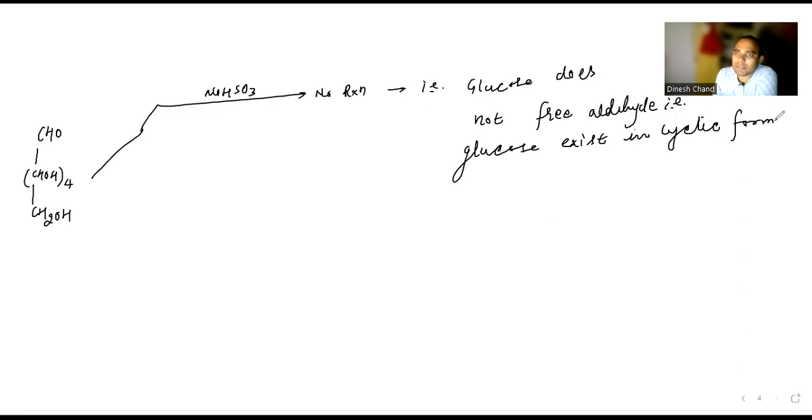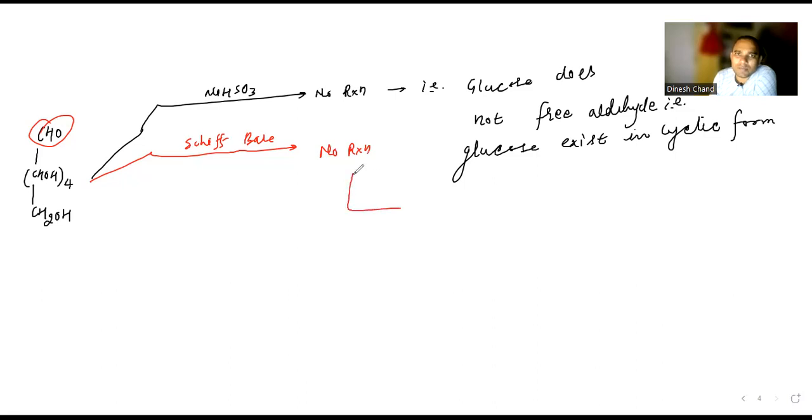Cyclic form means whatever group you are watching here on the top is not free, or else it could have given the reaction, the bisulfite product, student. If you treat with Schiff base, Schiff reagent, okay, it is also not reacting, student, no reaction.